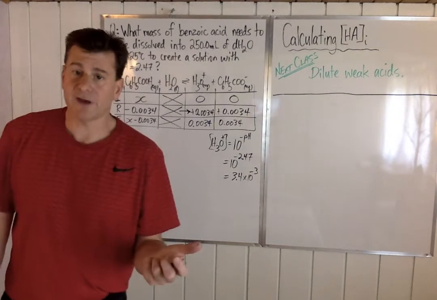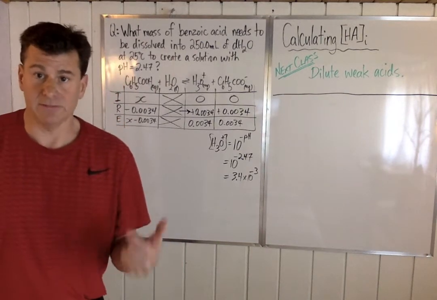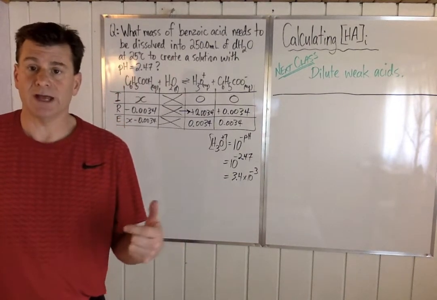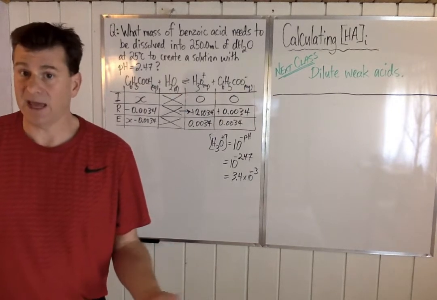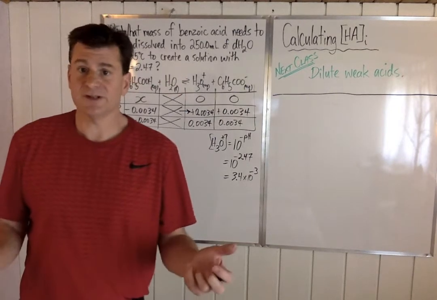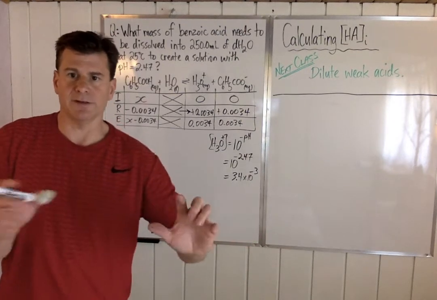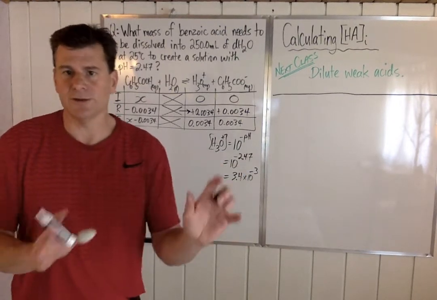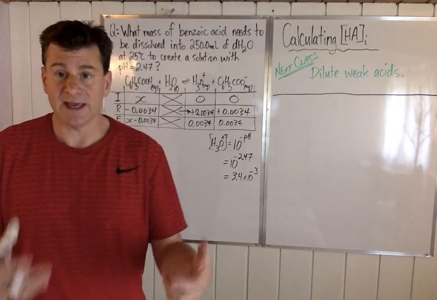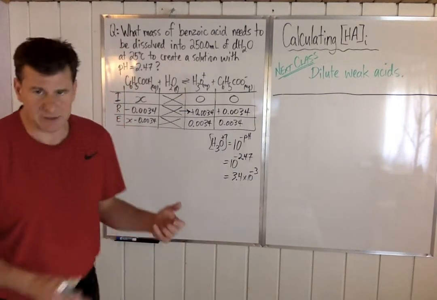Okay, so now I have a variable on the E line, which means I'm going to have to solve. And I need a Ka. So the K expression, the first thing you'll always write down once you've kind of filled in your E line with everything that you need, whether it's numbers or whether it's got variables in it, it doesn't matter. You're going to write down the K expression, which is the formula in chemistry.